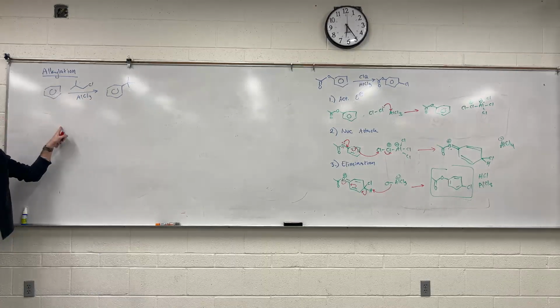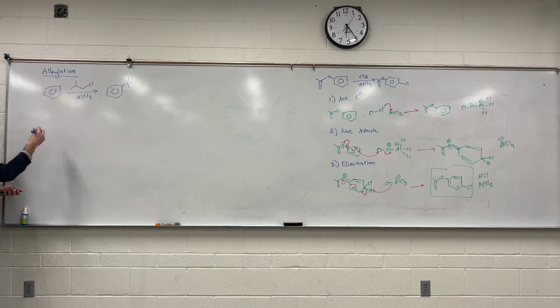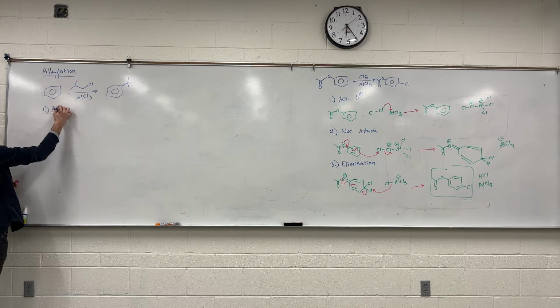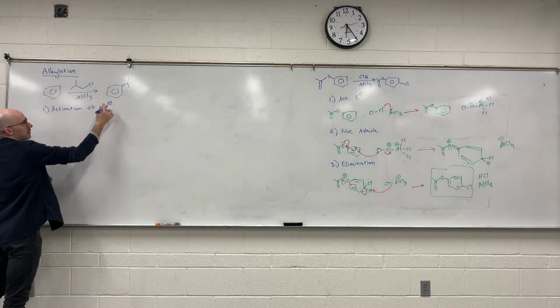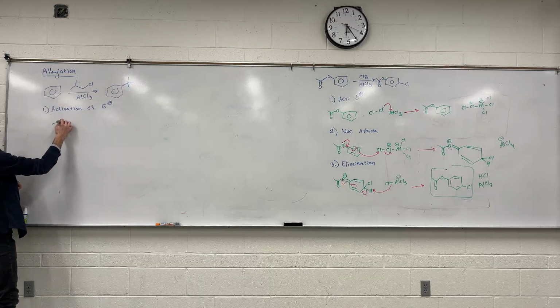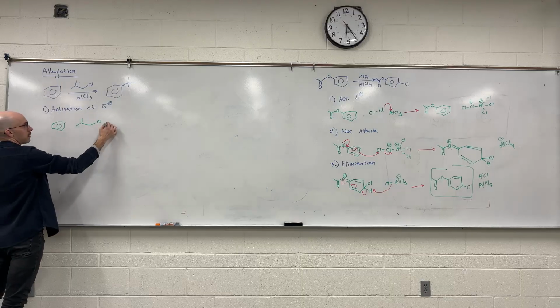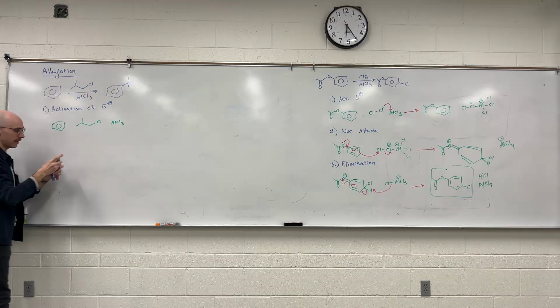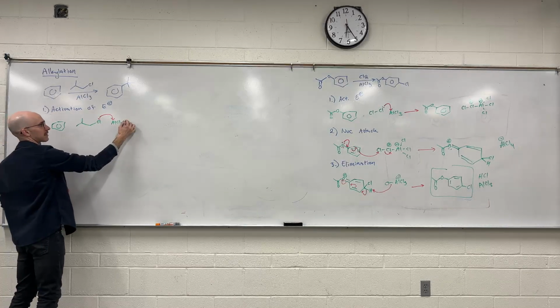So I'm going to give you just the first step, the activation step of the electrophile, because the rest of it is very much similar. In the activation of the electrophile, we've got benzene, it's not going to do anything. Chlorine, just like last time, attacks aluminum.